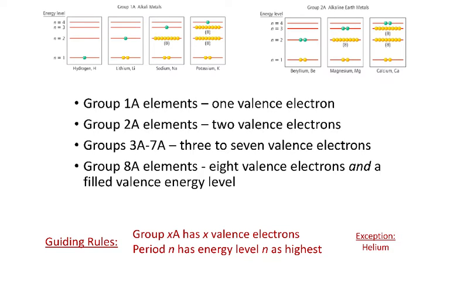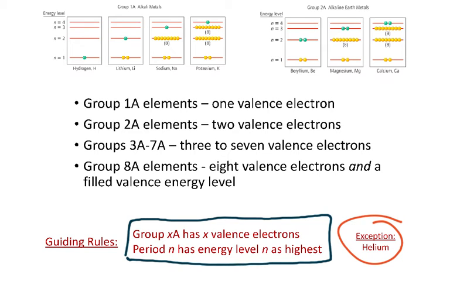So it's filled, and the next one would add to the next level. The only exception to this is helium. Helium is all the way off to the right of the periodic table for other periodicity reasons, but it does not hold 8 electrons because it's n=1. But otherwise, this holds.